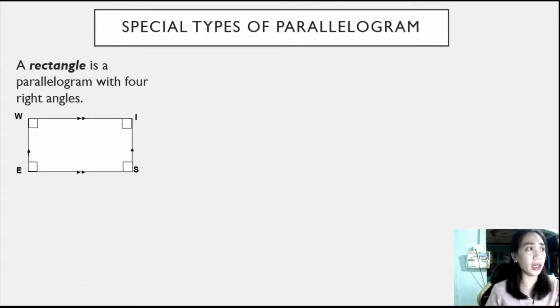A rectangle is a parallelogram with 4 right angles. So, alam naman natin, lahat ng angles ni rectangle are 90 degrees. Therefore, in this figure, angles W, I, S, and E are right angles. A right angle measures 90 degrees.